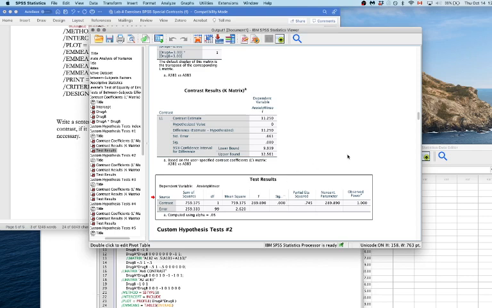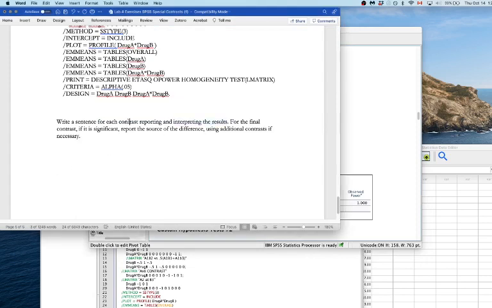And then I'd say, the no dose of drug B with high dose of drug A was significantly lower, and then put in the mean and standard deviation, than high dose of drug B with a high dose of drug A. So that's kind of what I want for this.